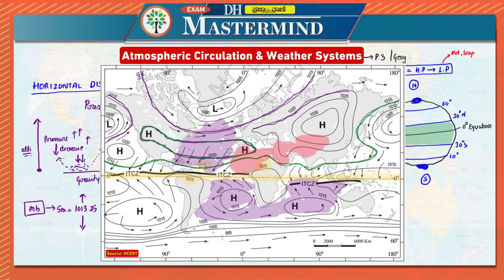Correct? So the distribution of land is less in the southern hemisphere, whereas in the northern hemisphere you can see that there is a lot of land, and in the southern hemisphere the water is more. And depending upon that only, there is variation in the pressure also. So I hope you have understood about these isobars at least.